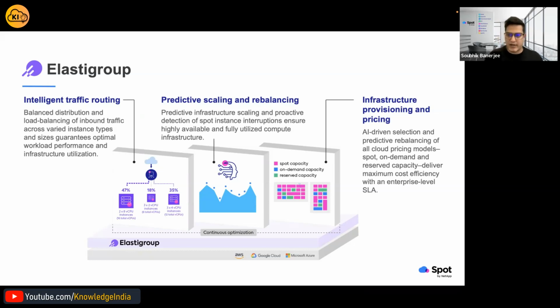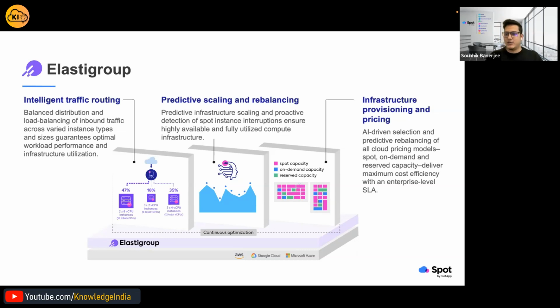Now, how do we provide availability? Basically we have been creating algorithms which read the market, right? When I say market, a market is an instance type in a particular availability zone. So we read markets, and based upon the usage of a customer, we predict when a Spot instance is about to get interrupted.